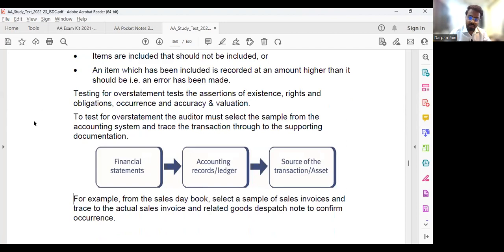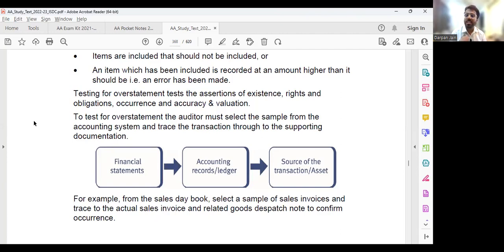Okay. See the example there. From the sales day book, they have taken an example of sales, like we have taken the example of fixed assets. See what they are doing? From the sales day book, select a sample of sales invoices and trace to the actual sales invoices and related goods dispatch note to confirm occurrence.